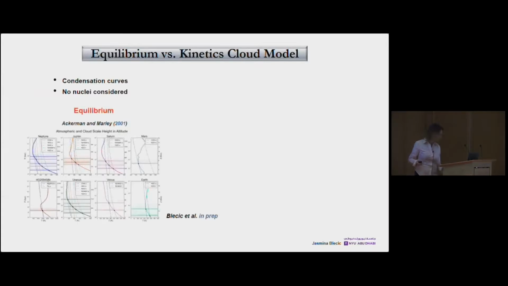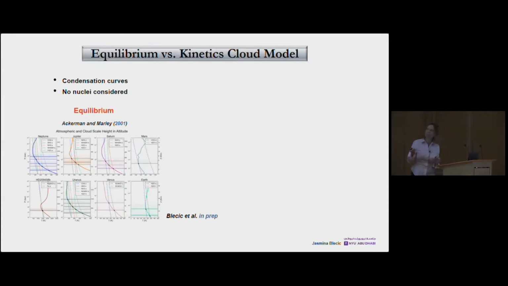So I also want to give you a short introduction about the current state of forward modeling concerning clouds. Currently we have two cloud approaches. One is the equilibrium approach, where we calculate the cloud based on the intersection between the temperature-pressure profile and the condensation curves.